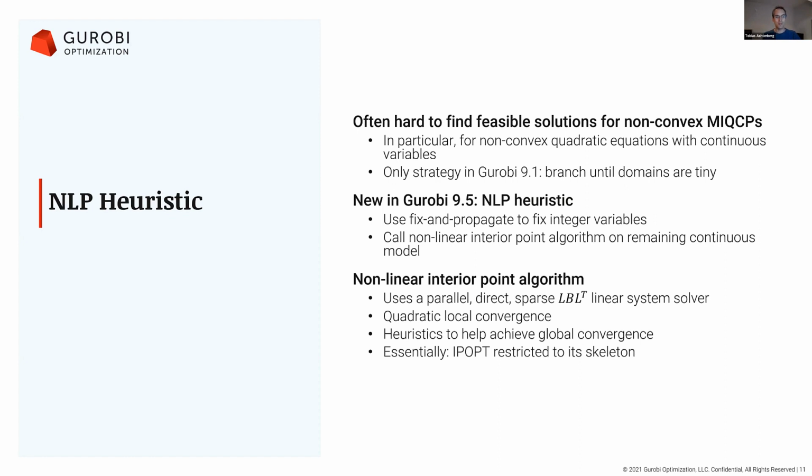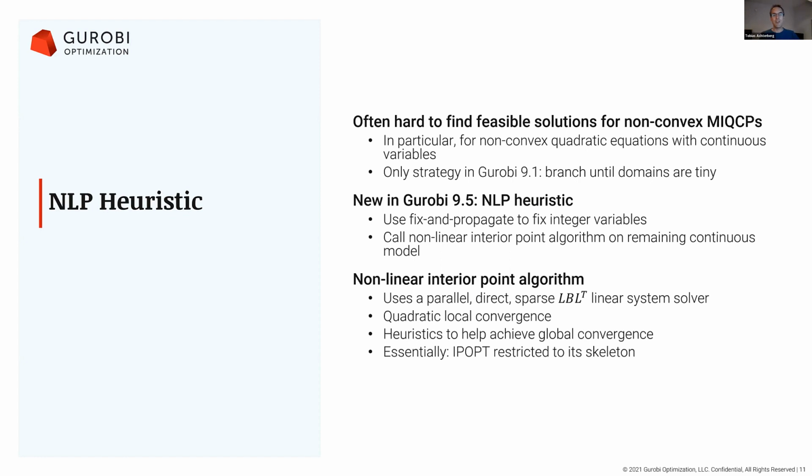This will then be a local optimal solution. So this algorithm uses a parallel direct sparse LDL transpose linear system solver that we had to implement. It has quadratic local convergence, and there are already some heuristics included that help to achieve global convergence. So global convergence does not mean global optimality.